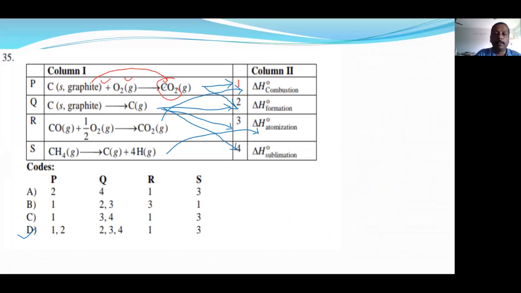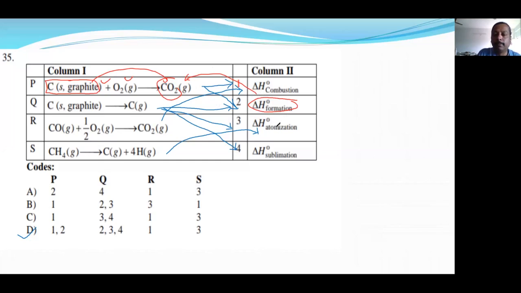Therefore, it is formation. Okay. So P is equal to formation. Why is it formation? Formation of CO2. It is the enthalpy of formation of CO2. And we can also say it is the enthalpy of combustion of graphite. So P will be 1 and 2.